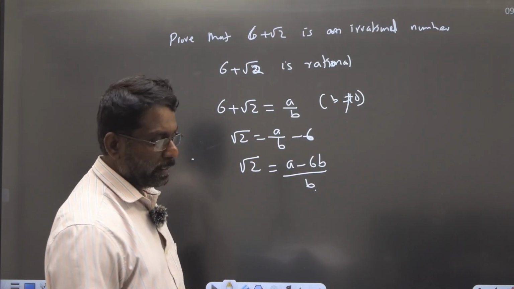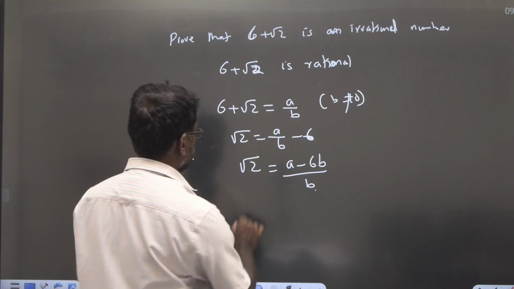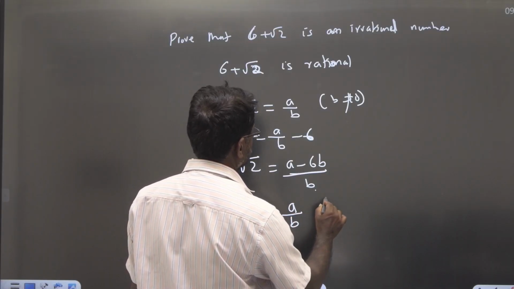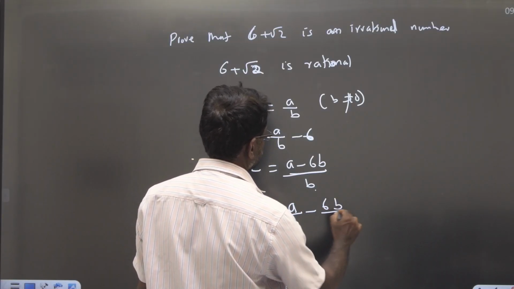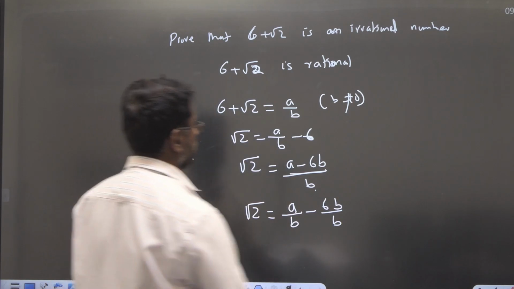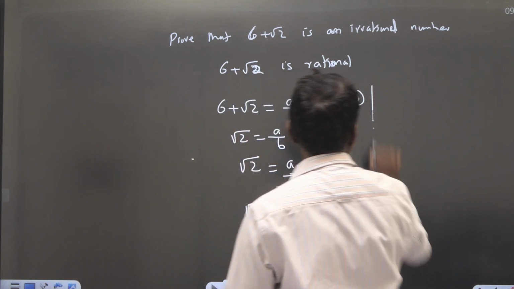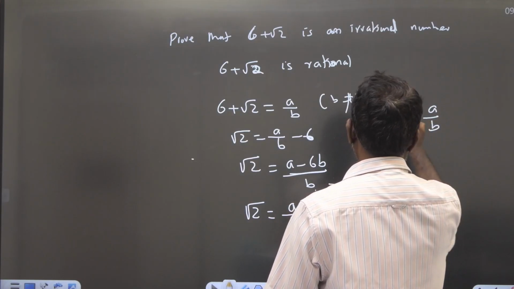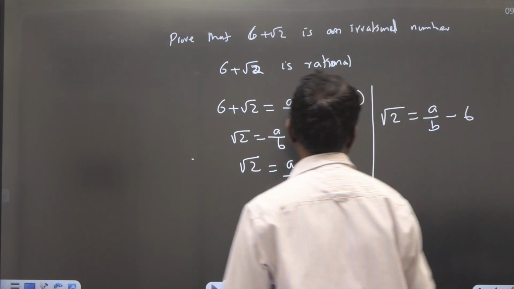Root 2 is equal to a by b minus 6b by b, b cut. Root 2 is equal to a by b minus 6.